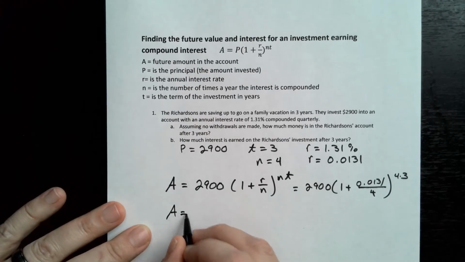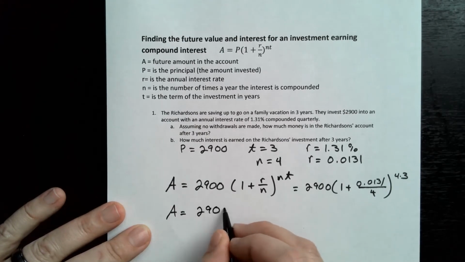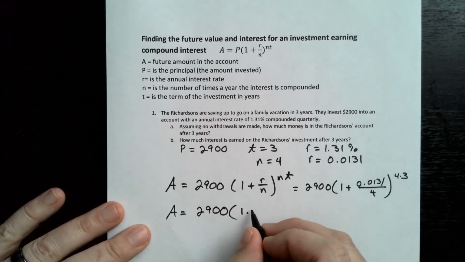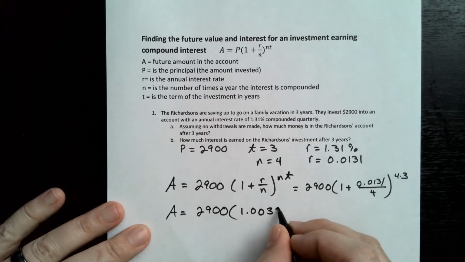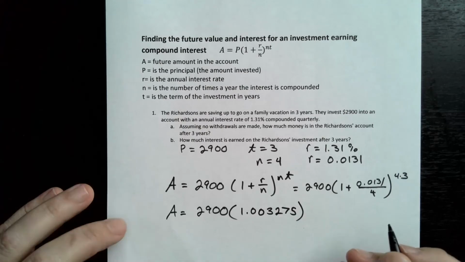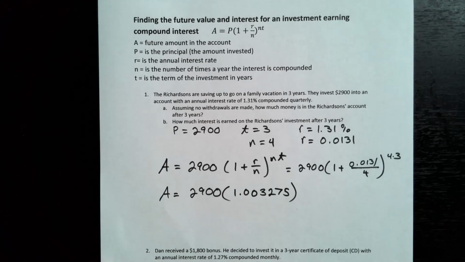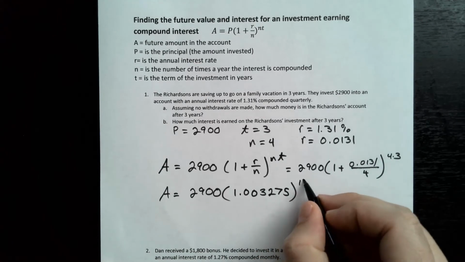Okay, so A is equal to 2,900. If you work this out on the inside there, you'll get 1.003275. Make sure to not round. Use all the decimals that your calculator can give you on this. Okay, and that'll be to the 12th power.